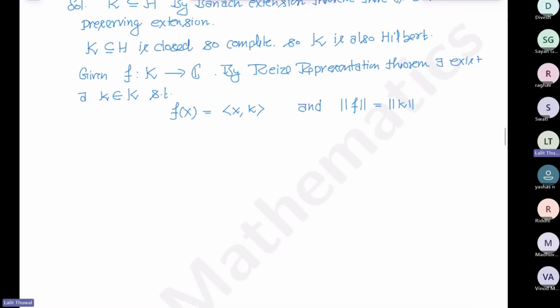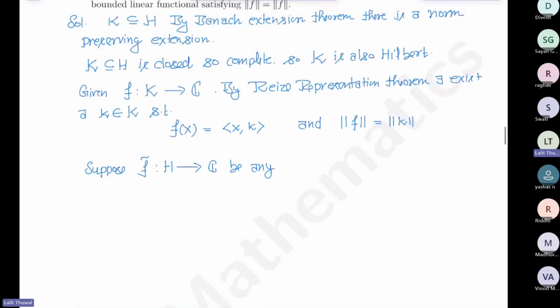So now take f tilde to be any extension. I will show that this is unique. Any extension of f, and this is equal to this, by the way.